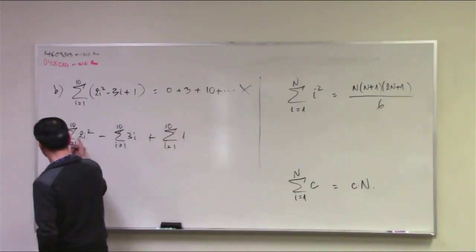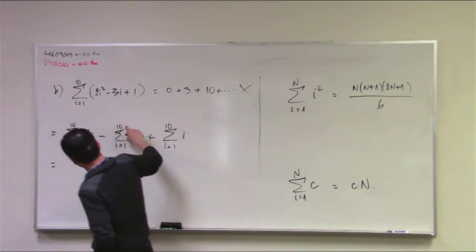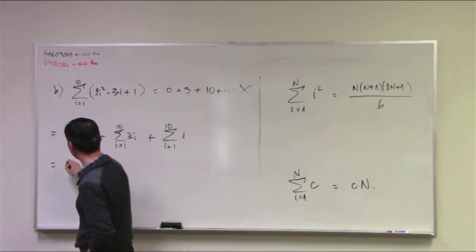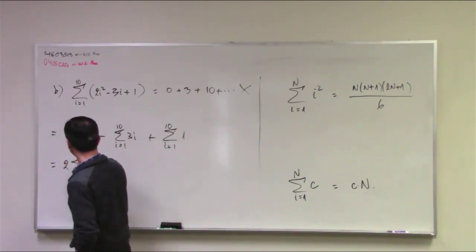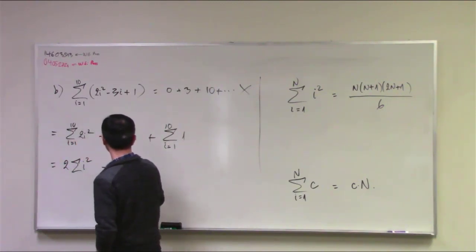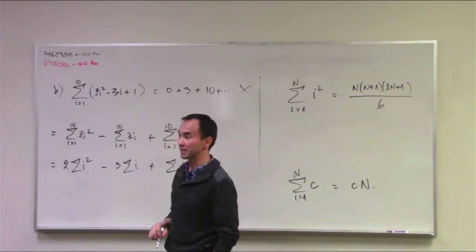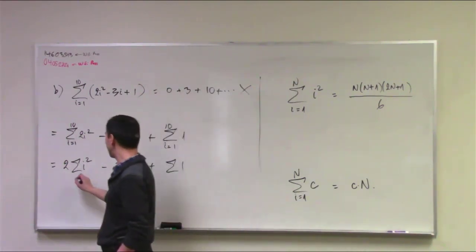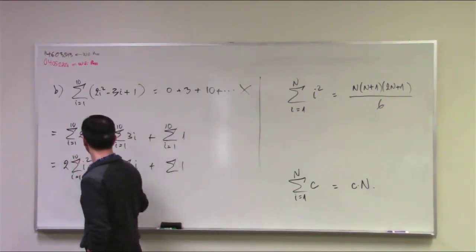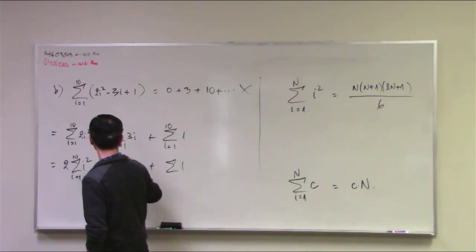So now the next thing is the coefficient, right? So we go 2 times the i squared here, minus 3 times the i term, and then plus just 1. Okay. Are we good with that? And yes, i goes from 1 to 10 for all of them.